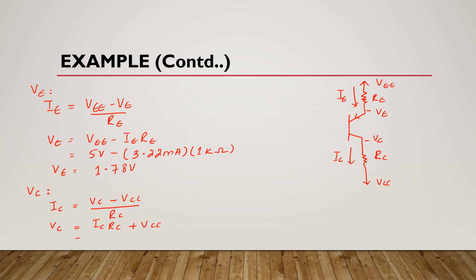Here we know that IC is 3.116 milliamperes and RC is 10 kilo ohms, and we know that VCC is minus 5 volts. After solving this, you will get VC is equal to 26.16 volts. Okay.